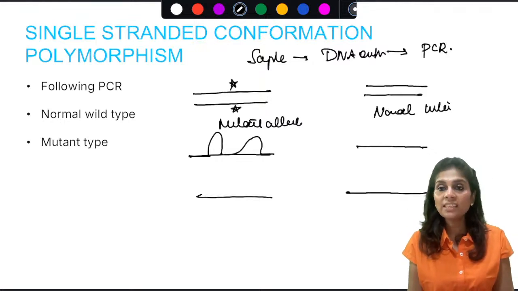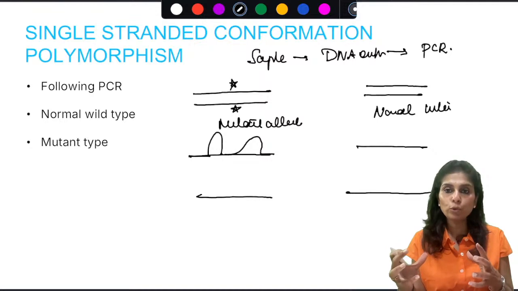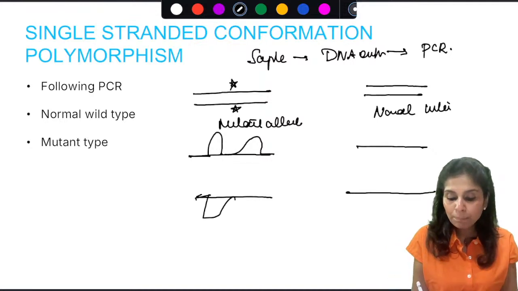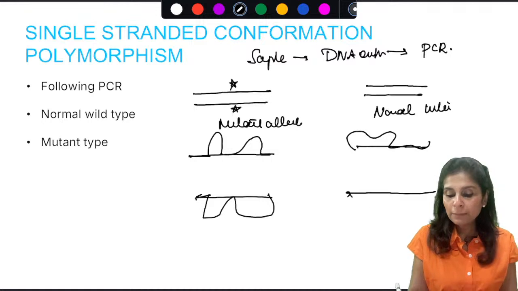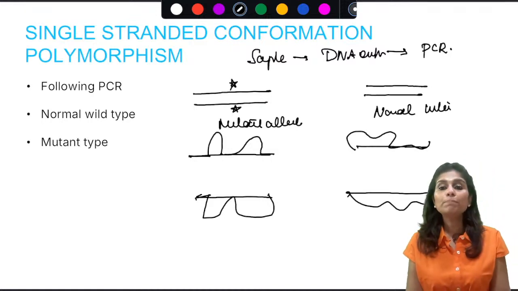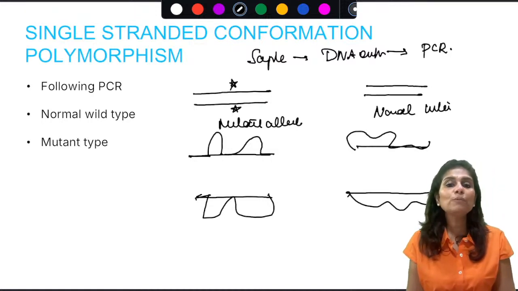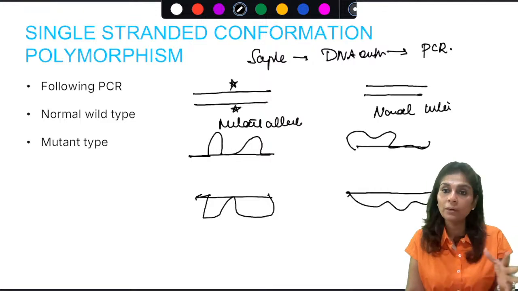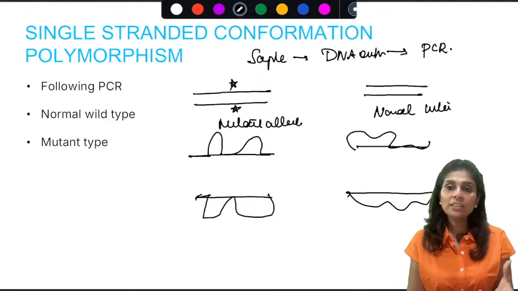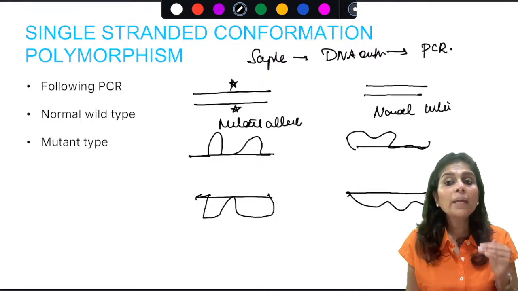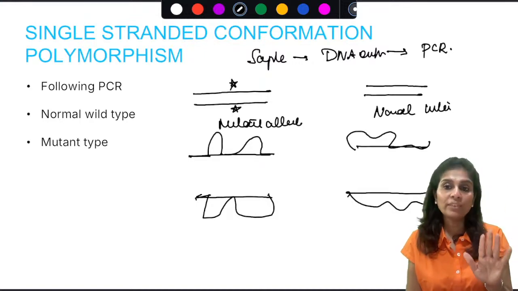Depending upon their sequence, they'll fold to form hairpin loops. So that gives them a specific conformation. Do you understand this? That gives them a specific conformation, and the specific conformation that you get from single strand will differ depending upon the sequence. When the conformation differs, when you run it through electrophoresis, the way they migrate will also be different.